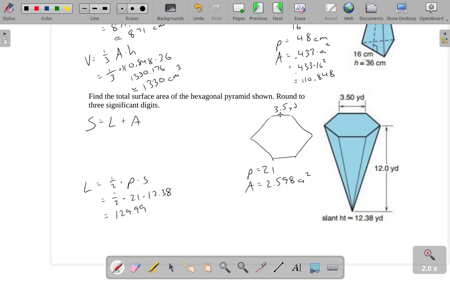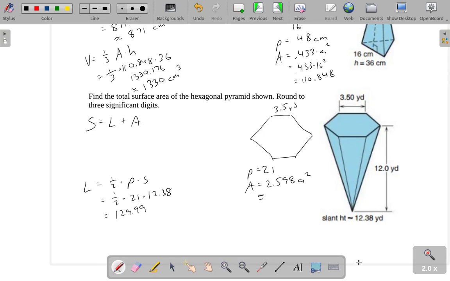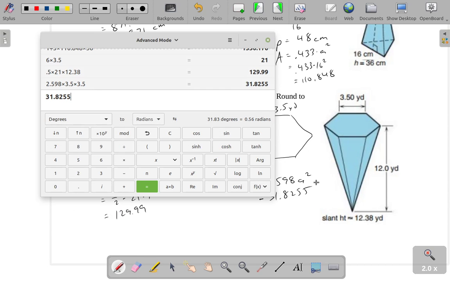A is the side length of the hexagon. So the area of this would be, this is approximate, but let's see. Where's my calculator? There. 2.598 times 3.5 times 3.5, which gives me 31.8255. That's the area of my hexagon.